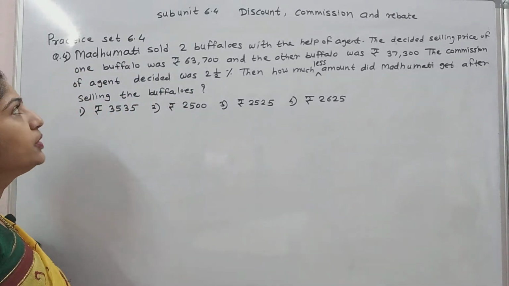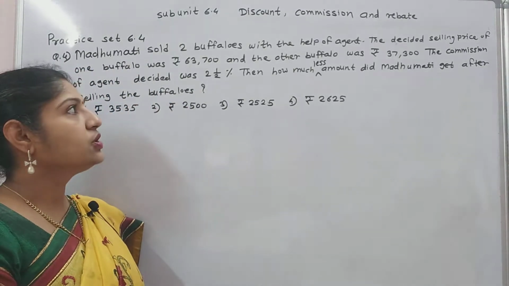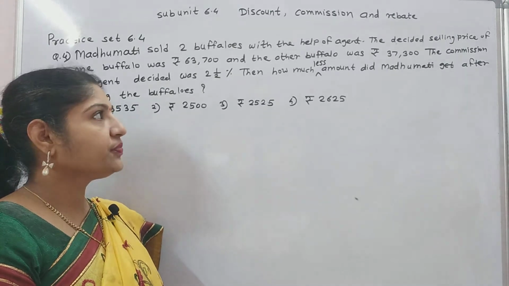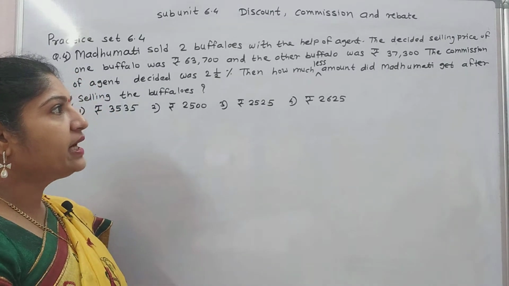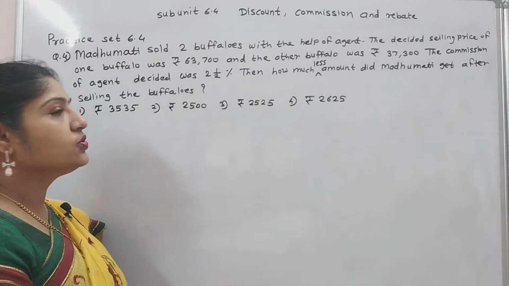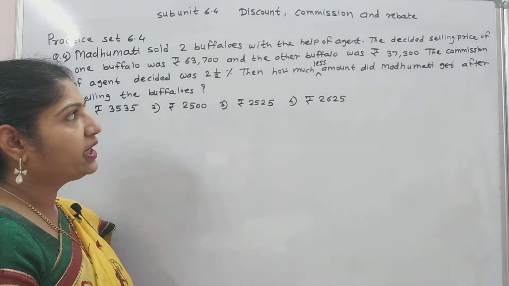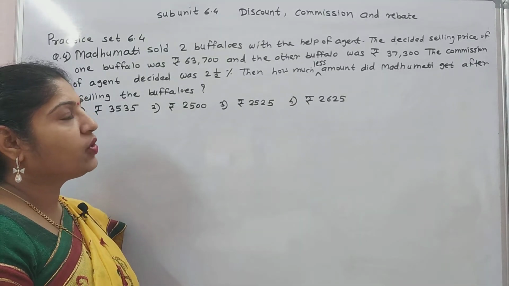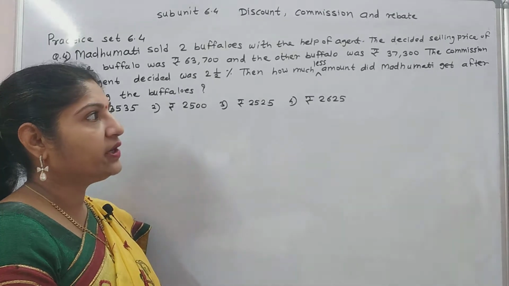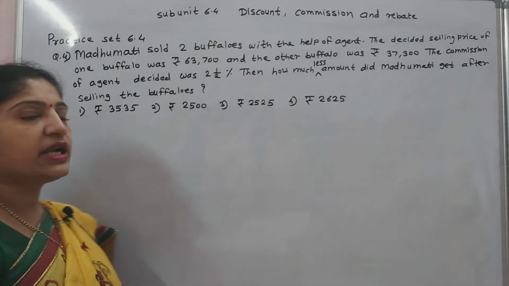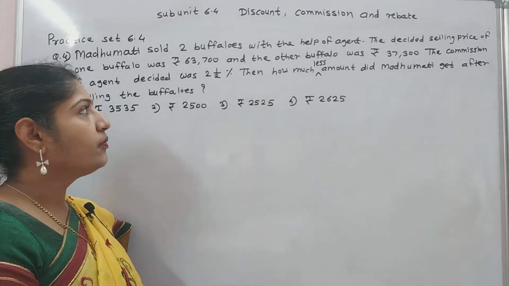Next example. Madhumati sold 2 buffaloes with the help of the agent. The decided selling price of one buffalo was 63,700 and the other buffalo was 37,300. The commission the agent decided was 2.5%.